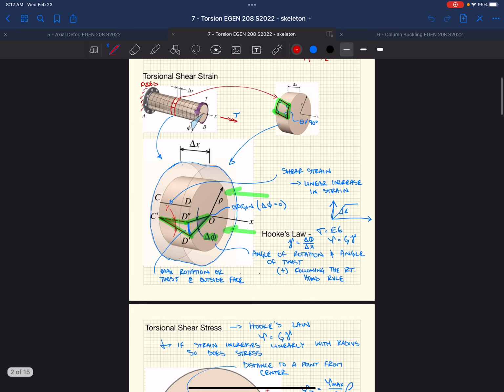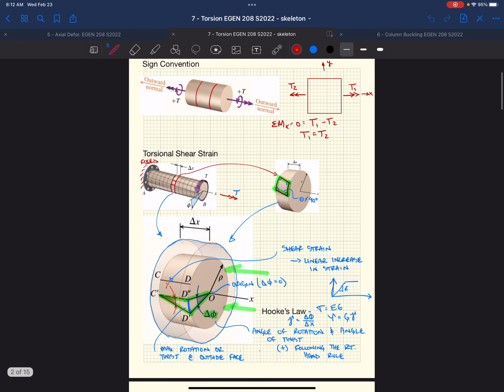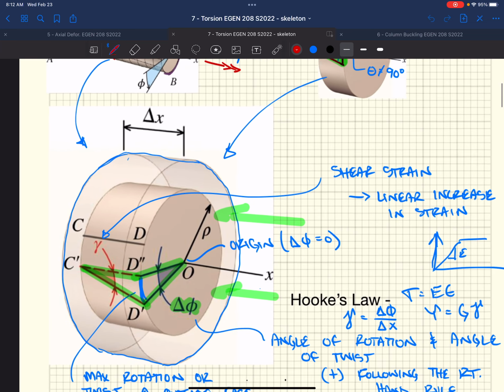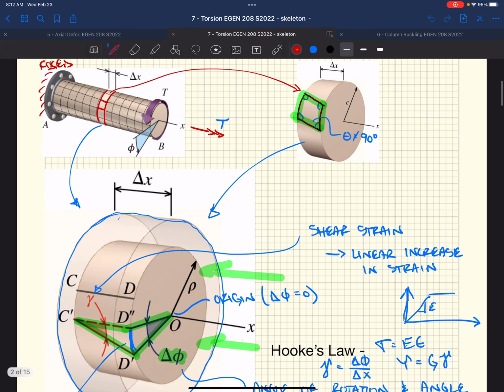Then we started talking about torsion. And I assume all of you kind of blacked out when I got to this point, when I started deriving what was going on with respect to rotations and angles of rotation, and how the torque applied to the shaft relates to how far that shaft rotates as we go along.